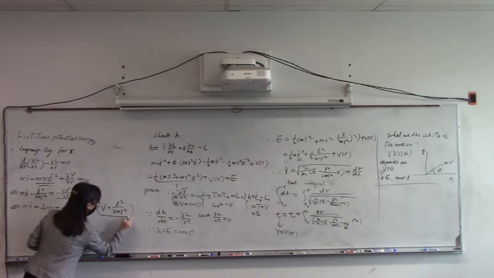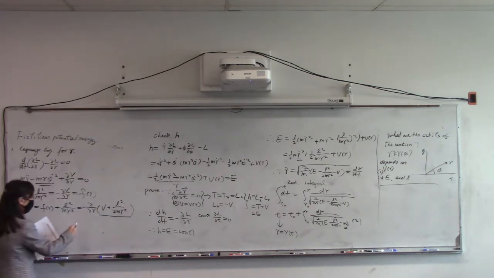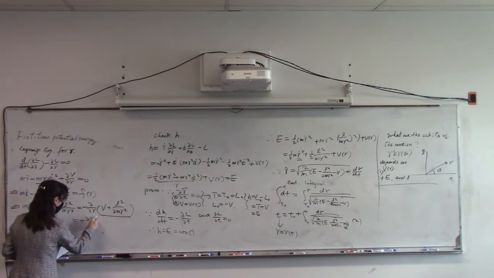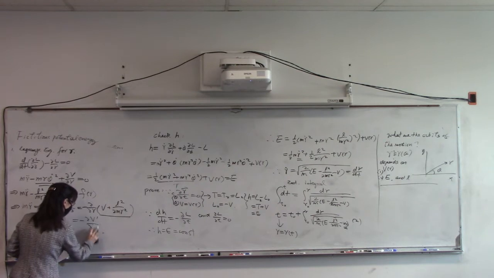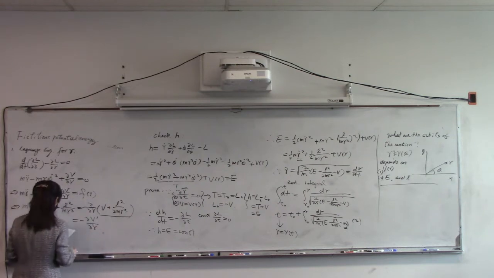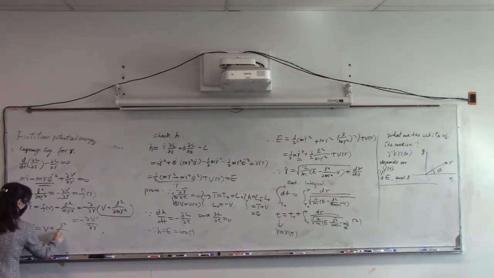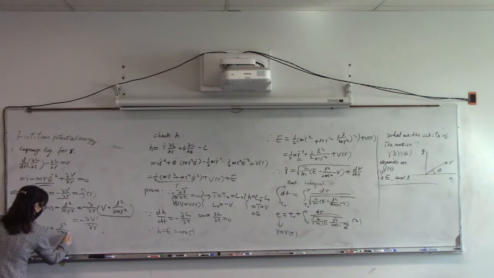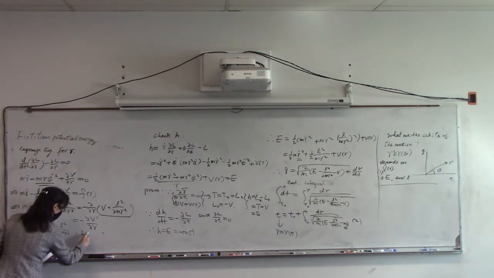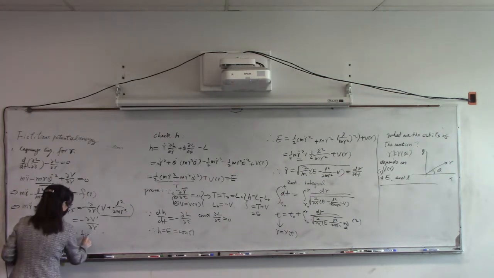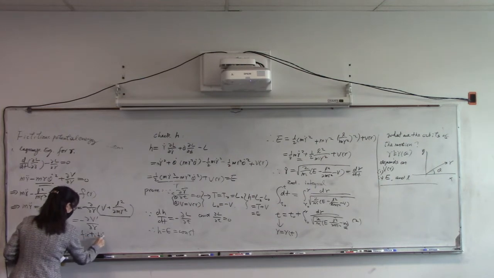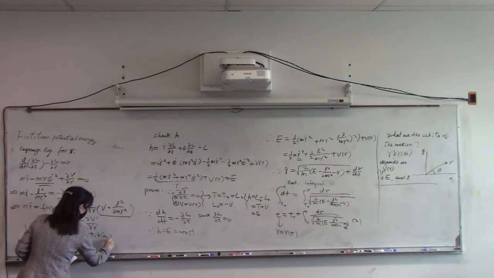You see here, there's another potential, which I'm going to call V prime. This V prime we introduce is V plus this term. We call it the fictitious potential energy.